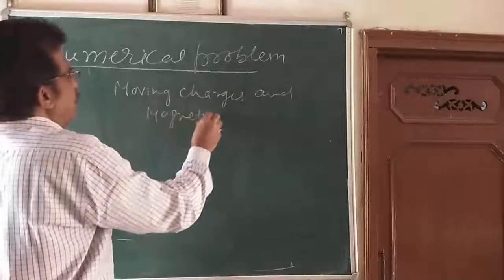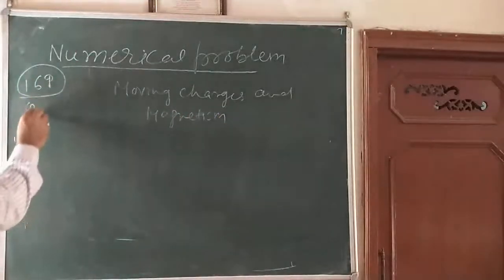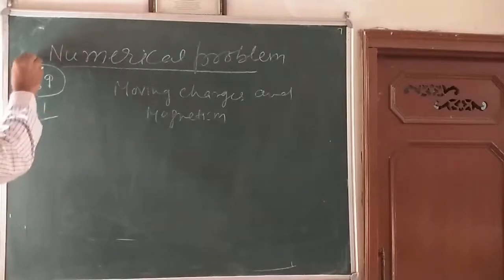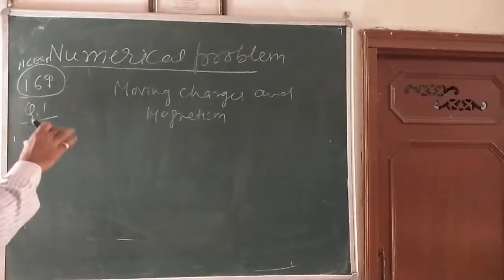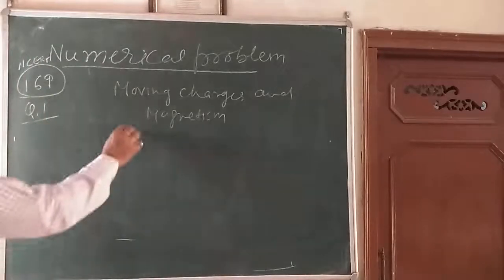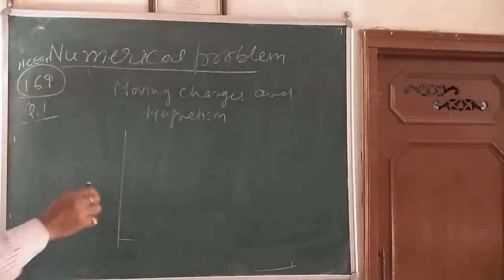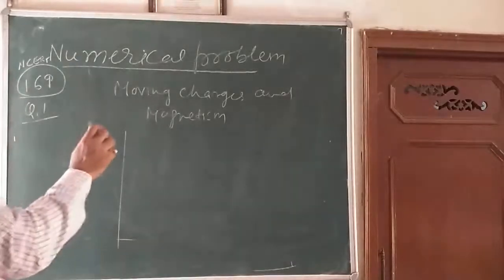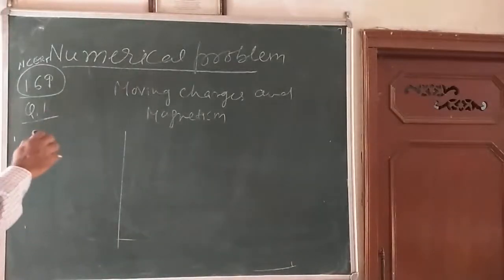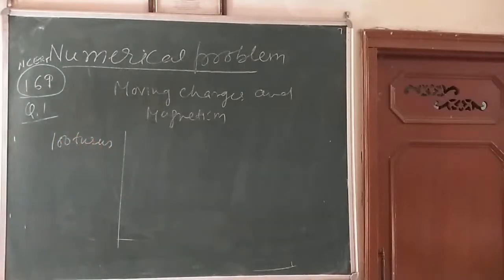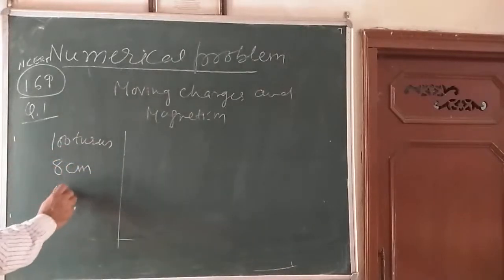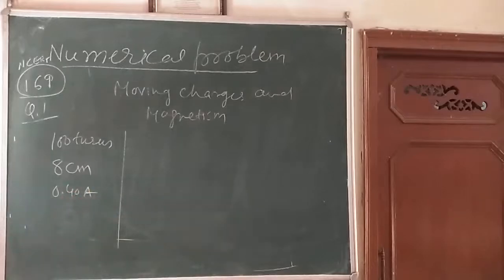See question number 1 at this page number of NCERT. We can write the numerical: a circular coil of wire, that is, number of turns is 100, each of radius 8 centimeter, carries a current 0.40 ampere.